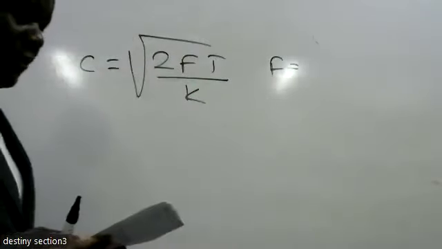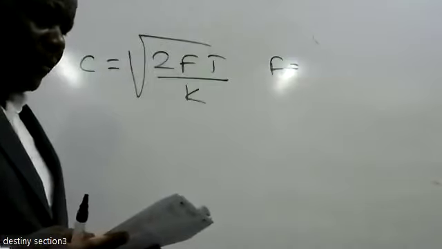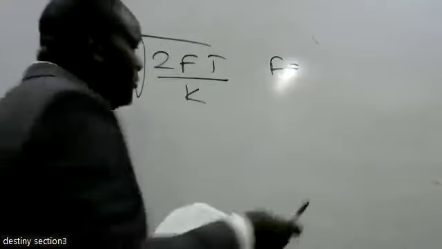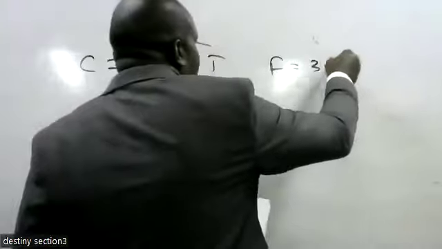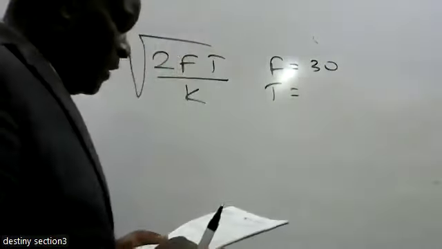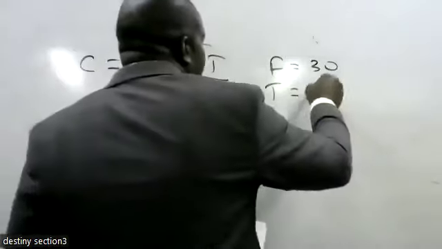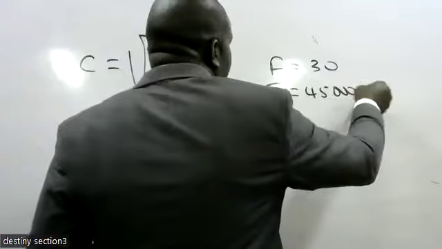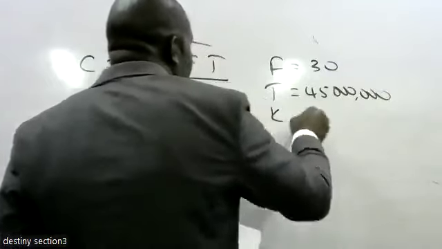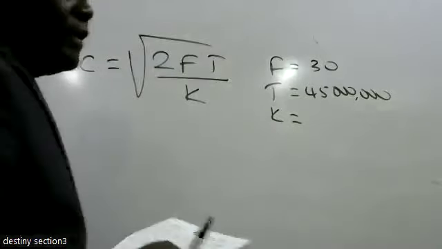You can check in the question, they have said that the transaction cost of converting security into cash is 30. Then T is the total cash required in a year, whereby they gave you 45 million shillings. Then K is the interest rate, where they gave you 8%.